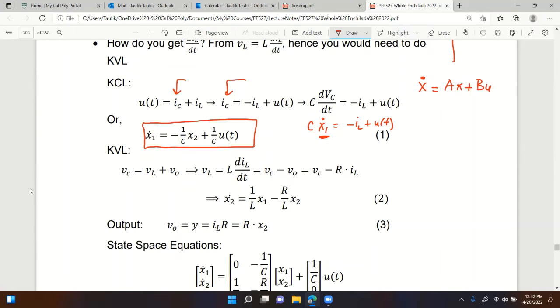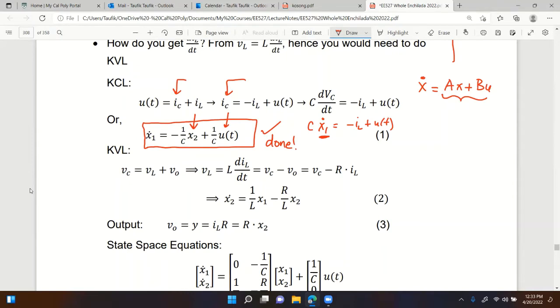Is that what we have here? The answer is yes. If you look at the right-hand side of the equation, I have x2, I have u(t). So x2 is our state variable, and u(t) is our input. So that means it satisfies that requirement. Okay, so this is good. That means you're done for x1 dot.